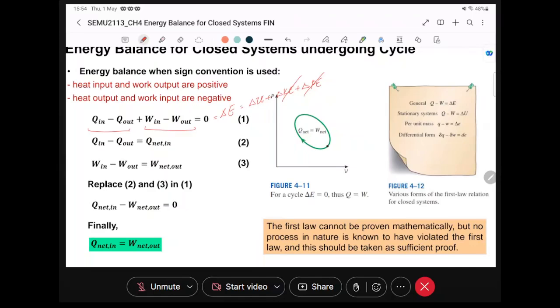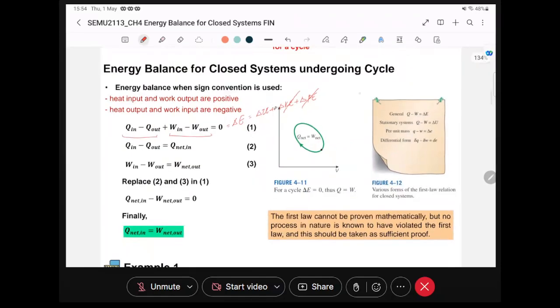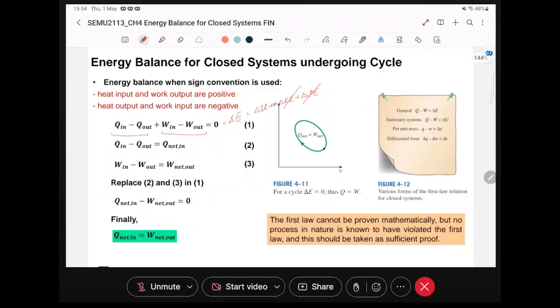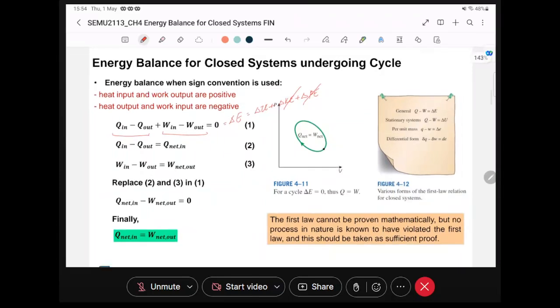So a closed system undergoing a cycle means it just keeps going. The loop goes like this. It's not one way only. One way, of course, there are changes, but when it goes backward, maybe I should draw it, it'll be easier to understand.